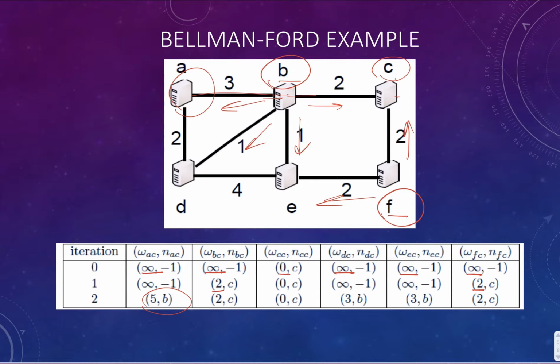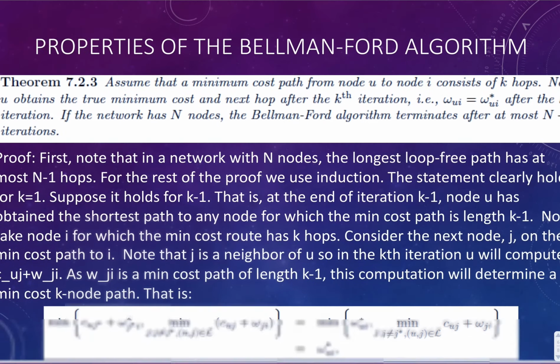And then node D, for example, will be able to update its distance to 1 plus 2, which is 3. If we do one more iteration where all the nodes broadcast their distances, these entries will not change, hence the algorithm will stop.